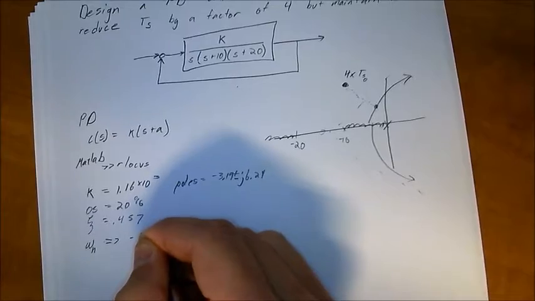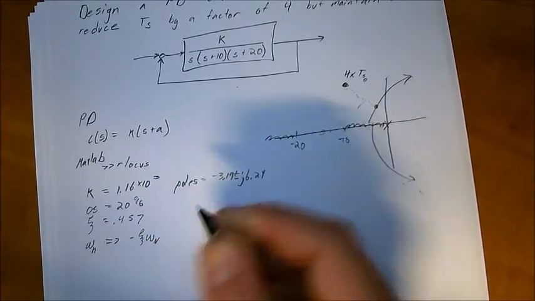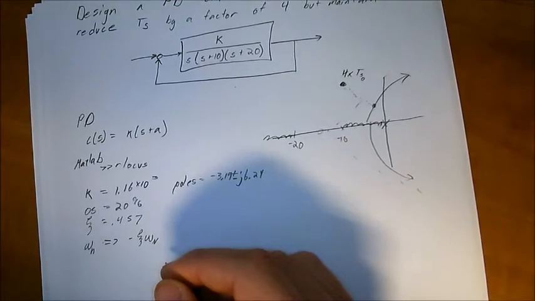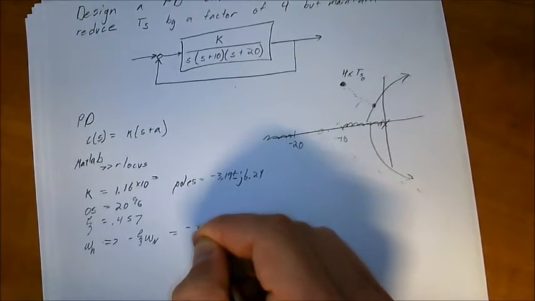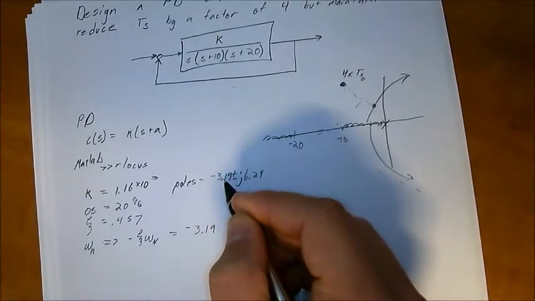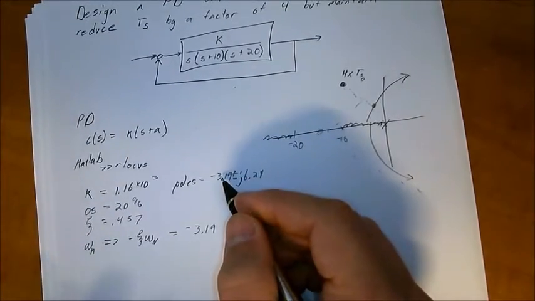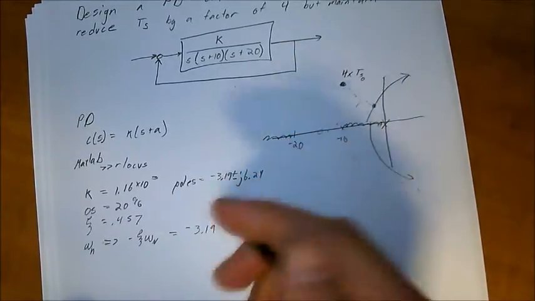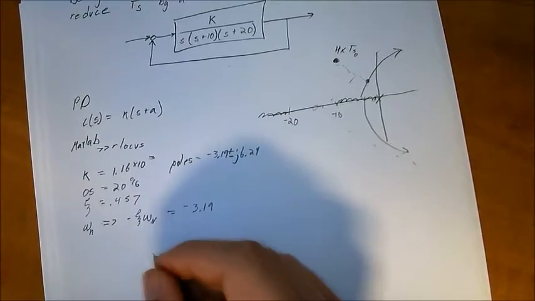And if you do that, you'll find that it is equal to -3.19, because you can actually just pull it straight down from here. Because this is the real part of the complex pole.